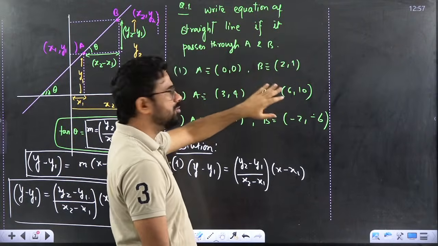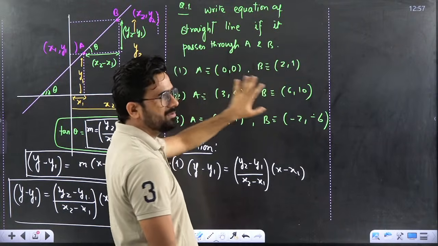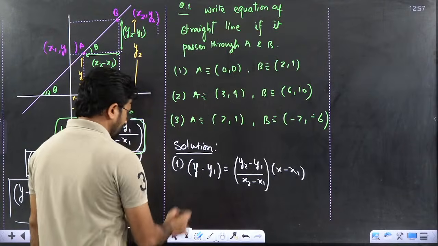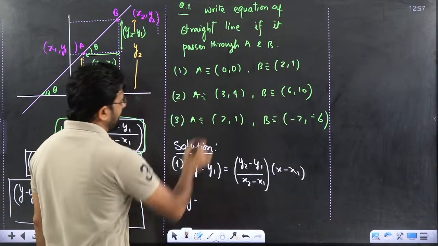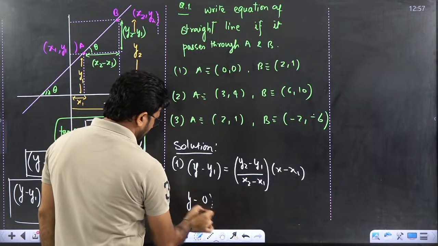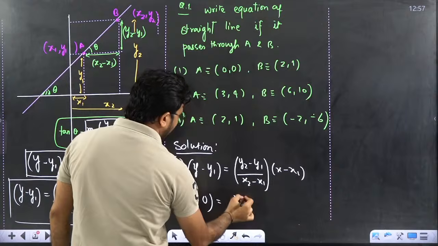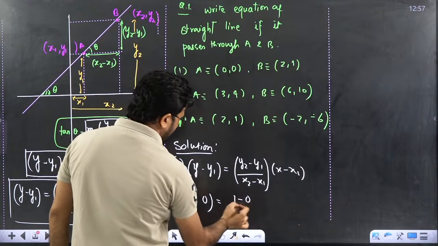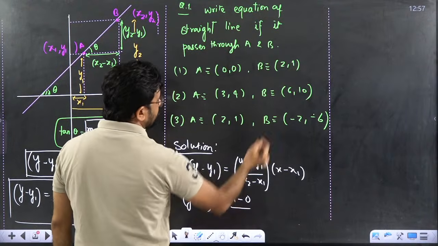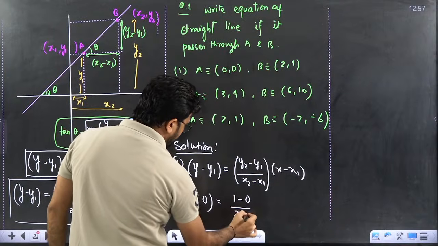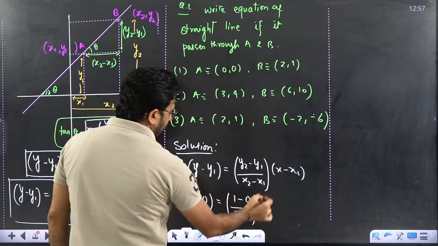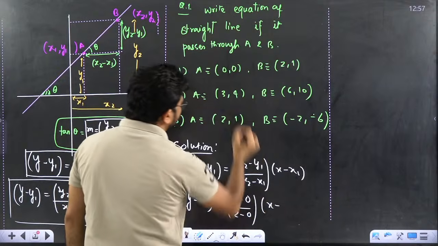You can take it in reverse also, there is no problem. You will get the same answer, don't worry about it. I am solving here. y minus y1 is 0. What is y2? y2 is 1, minus y1, which is 0, divided by x2, which is 2, minus 0, into x minus x1, which is already 0.